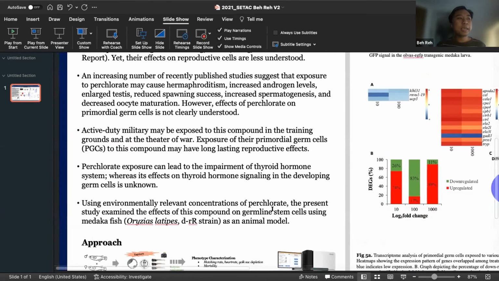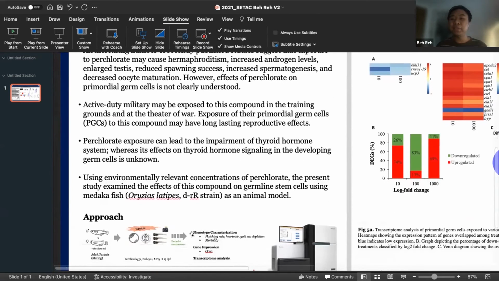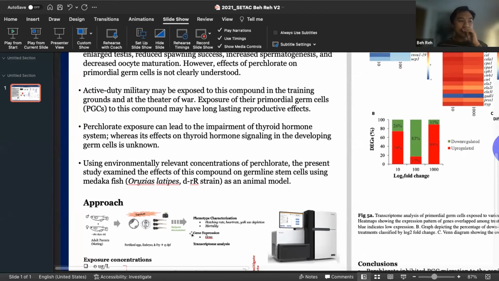And so we want to specifically look at the primordial germ cell, the germ cell that begins to develop into sperm, because sperm can be inherited by offspring. So if anything happens to the sperm or germ cell, the offspring will also have the same effect as the parent, like the epigenetic methylation, the epigenetic pattern.